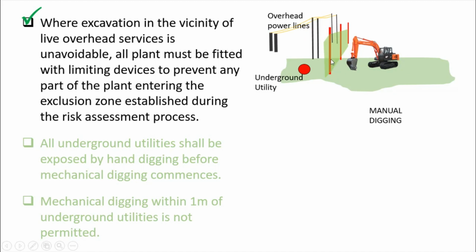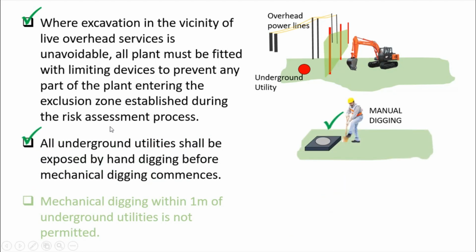So you can attach the limiting device on your equipment if you are doing machine excavation, or you can also provide exclusion zones by providing physical barriers a safe distance from the overhead power lines. And of course, don't forget the manual digging.